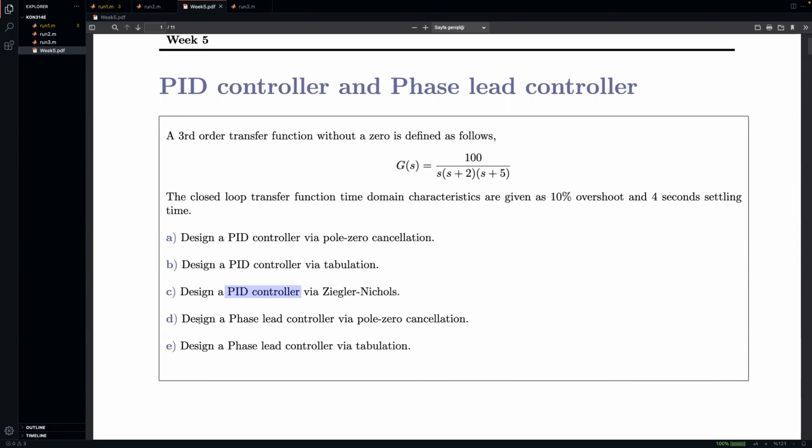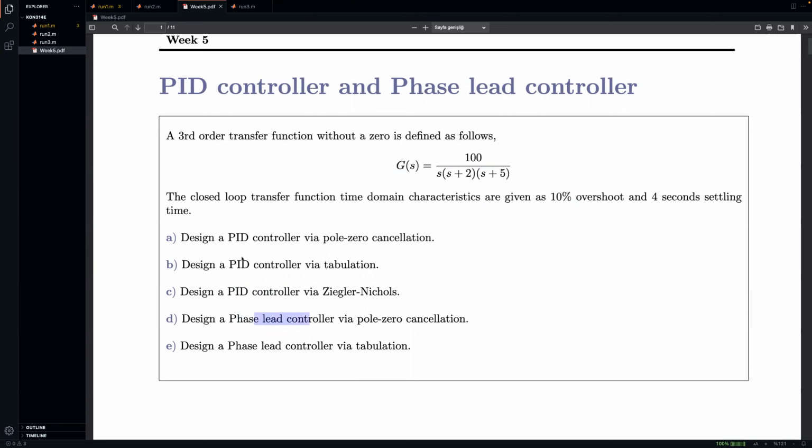Now, when you are going to design a phase lead controller using pole zero cancellation, you again have the same opportunity where you can get rid of S+2 or S+5. And since it's just going to be a phase lead controller, you don't really have to do stuff like adding another pole, because a PD controller is also a lead controller.